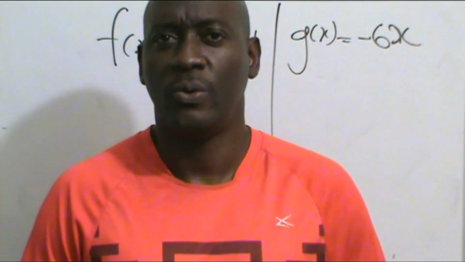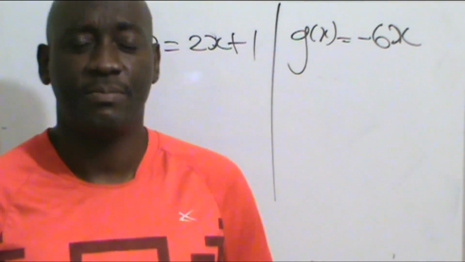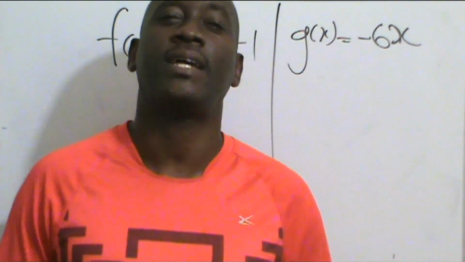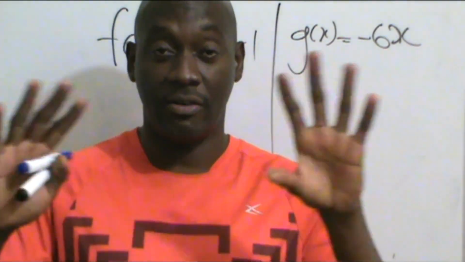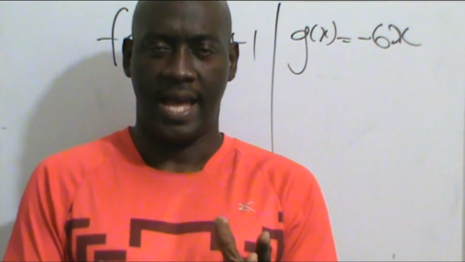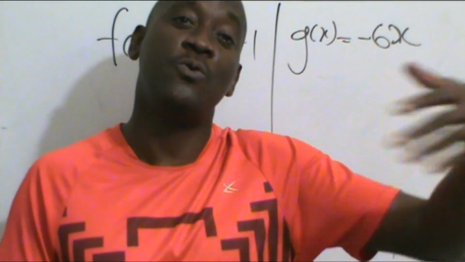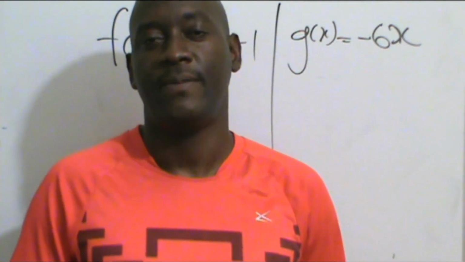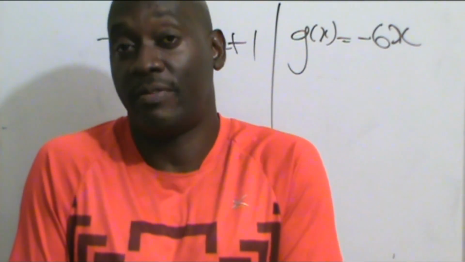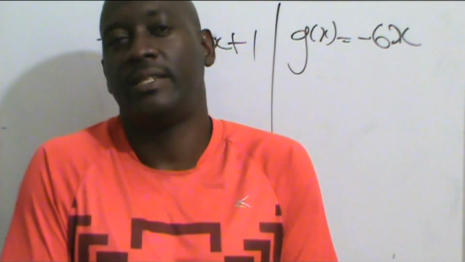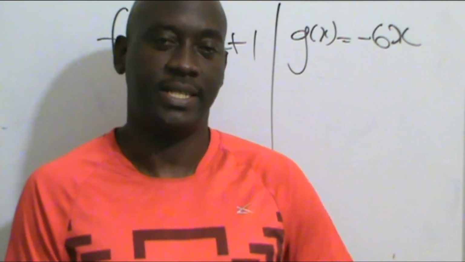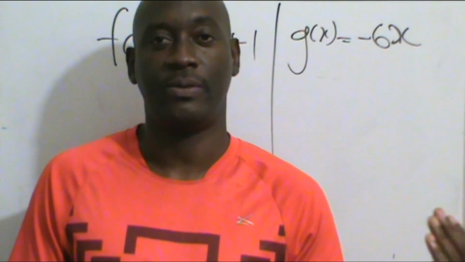So in that case, we could substitute any value of x into the generic function and we could find out what the new value would be. So the function takes the value of x, does something to it, and transforms it into a new value.